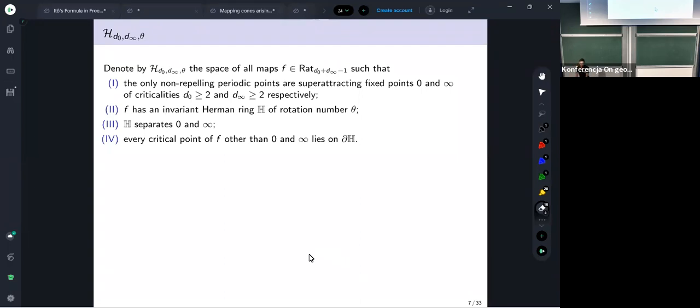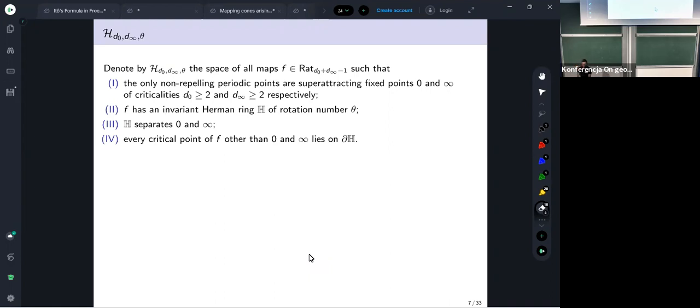This curly H is the space of all rational maps F that satisfy the following conditions. The first one is that they have super-attracting fixed points at 0 and infinity of certain prescribed criticalities, d0 and d infinity.